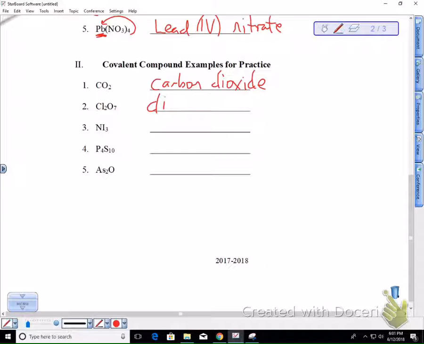Cl2O7. Now here's one where a lot of you would miss for a couple of reasons. A lot of you would say dichloride, but it's not. It's the first word, so it's dichlorine. And then 7 oxygens is not sept, it's hept oxide. So dichlorine heptoxide.